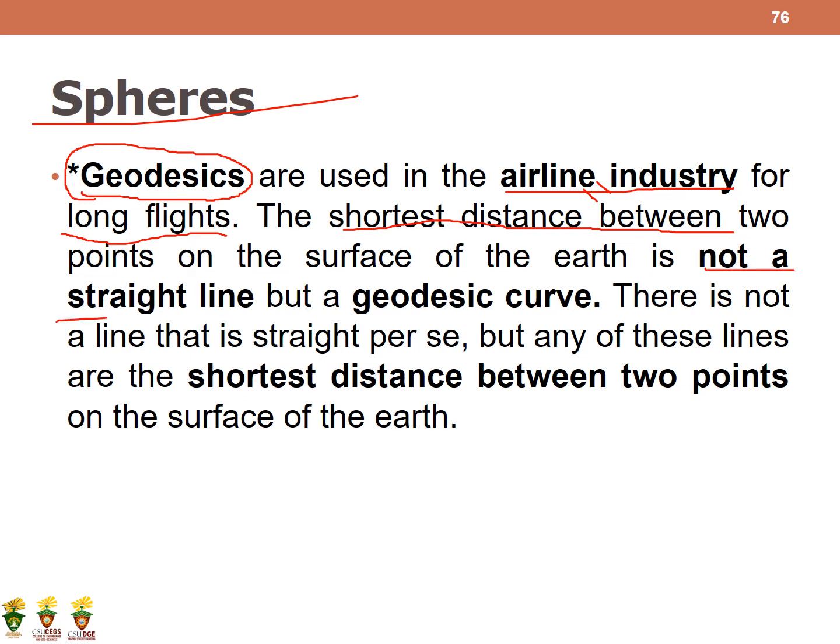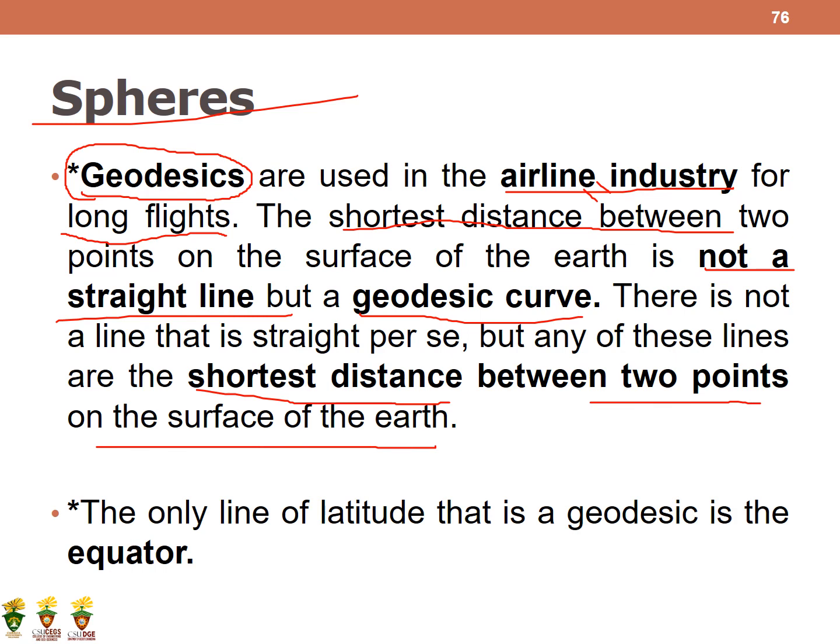You can see that the tracks of airplanes are not direct; airline companies use this, so it is not a straight line that they follow but a geodesic curve. There is not a line that is straight per se, but any of these lines are the shortest distance between two points on the surface of the earth.